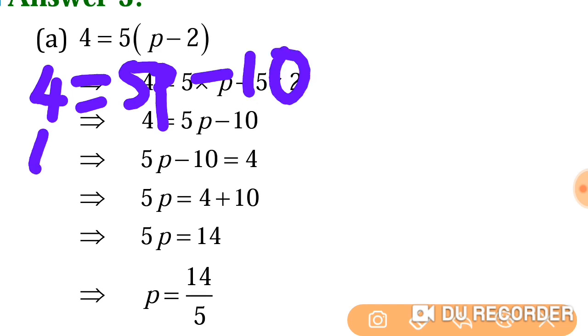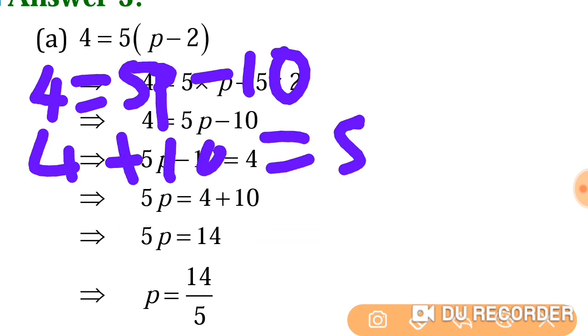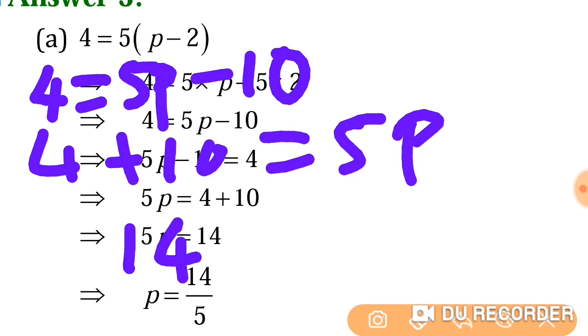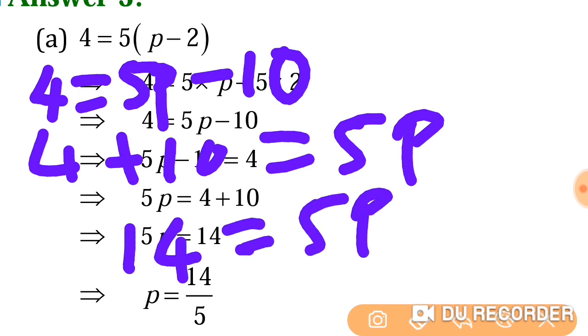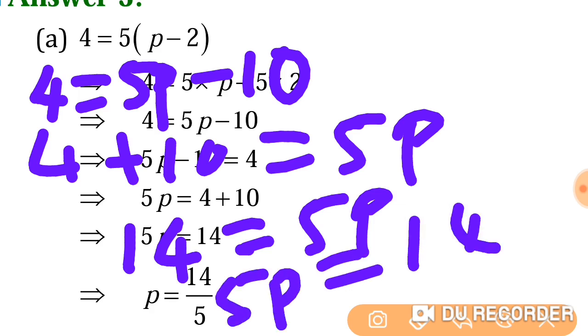So 4 is equal to 5p minus 10. I want to transfer the minus 10 here, it becomes plus 10. So 4 plus 10, 14, is equal to 5p. Okay, reverse, I'll write for the time being. That means 5p is equal to 14.